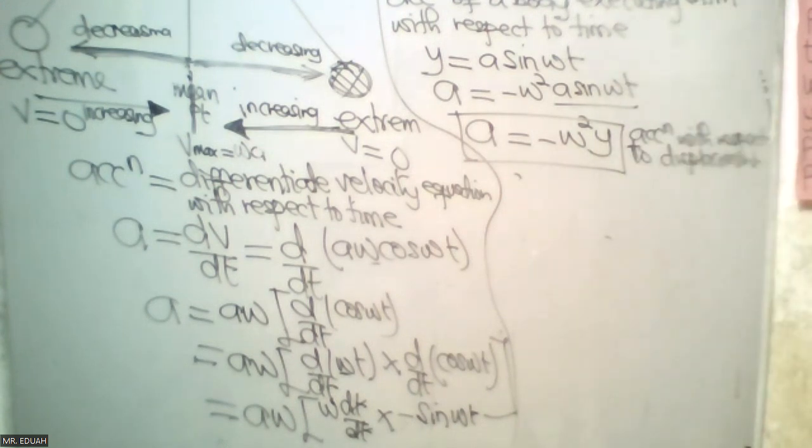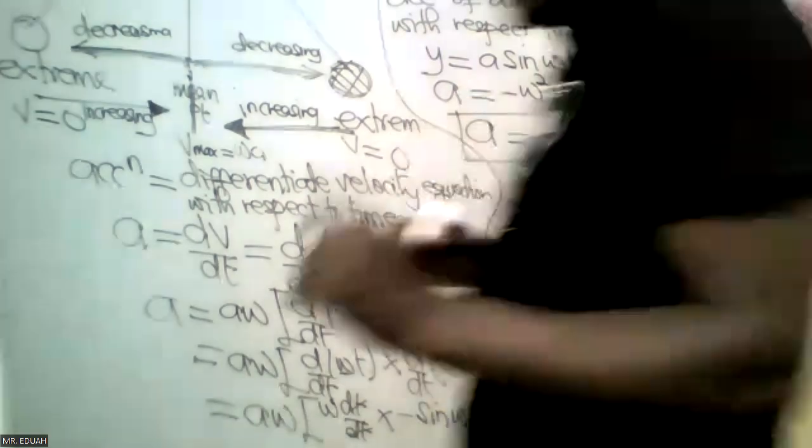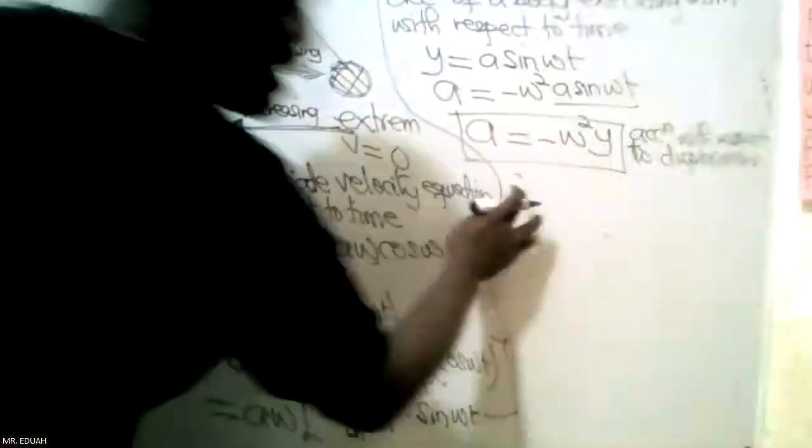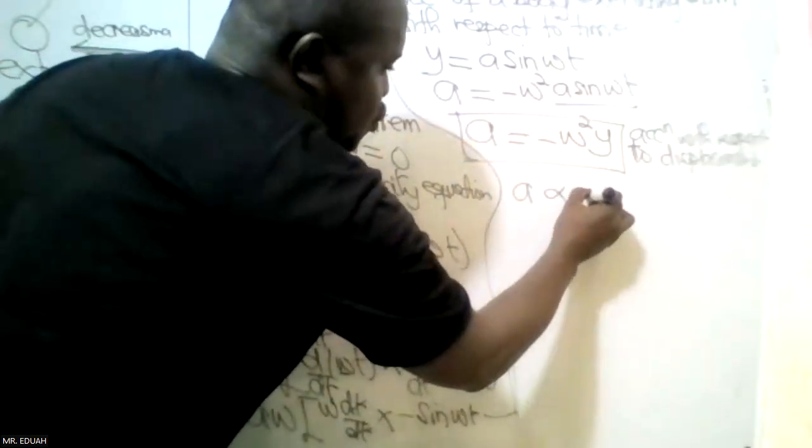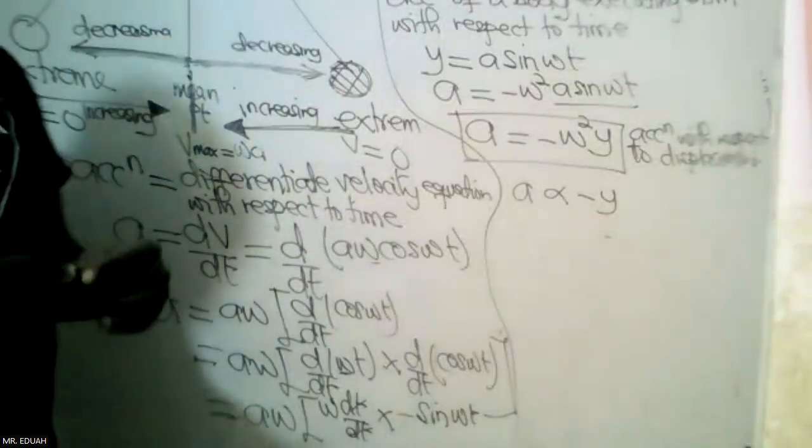From the equation, we can say that the acceleration is directly proportional to the displacement. That means that the acceleration will be greater when the displacement is equal to the amplitude. Good. Nice observation. So, just as Gerard said, from this relation, acceleration is directly proportional to minus the displacement.